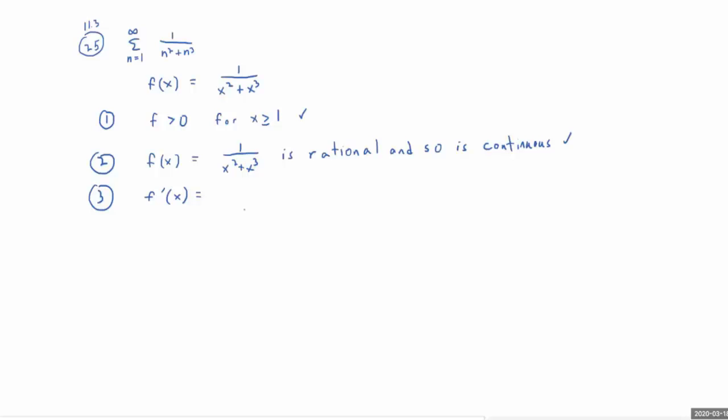I'll just use the quotient rule. Low d high. Okay, the low function is x squared plus x cubed. Well, what's the derivative of the high function? What's the high function? 2x plus 3x squared. Well, sorry, 0. 0, yeah.